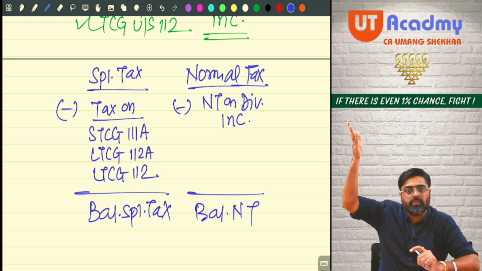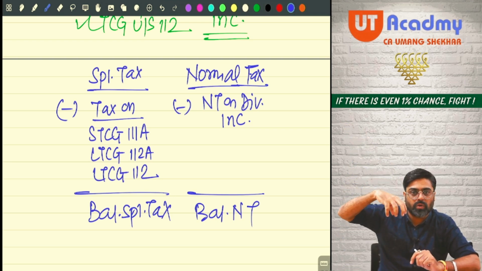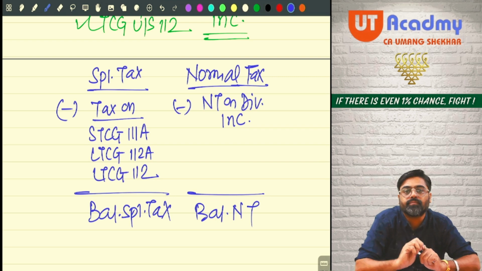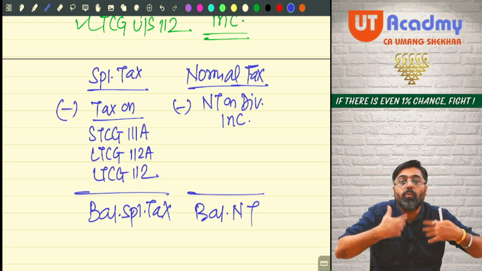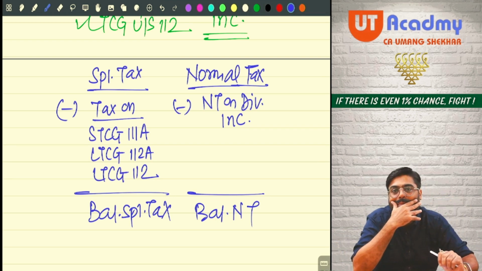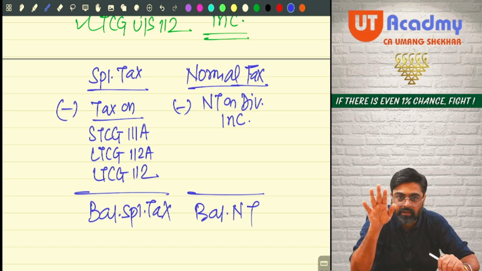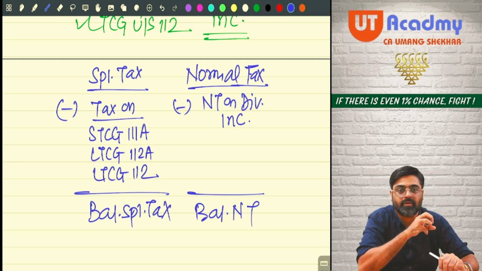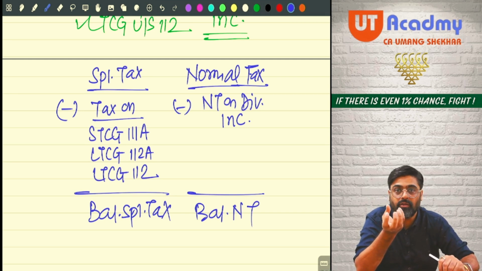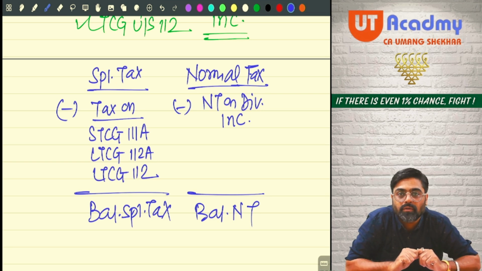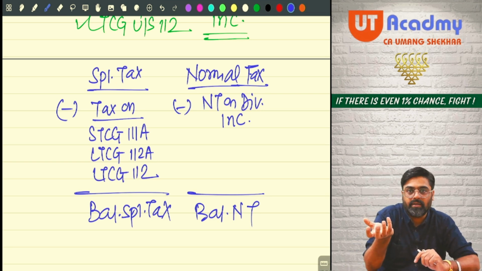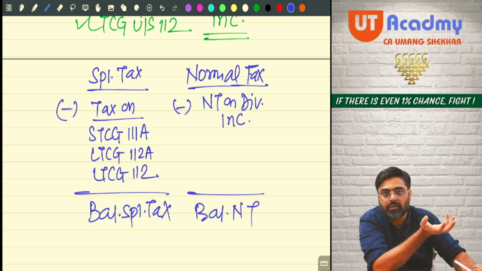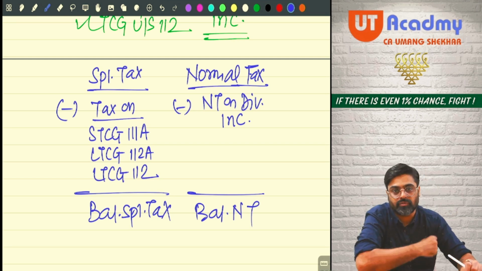If your total income is more than 2 crores, how much rate of surcharge will be applicable? 25%. They are saying that 25% as well as 37% surcharge rate is very high. 25% and 37% are higher rates of surcharge.